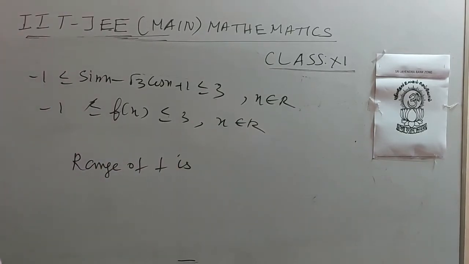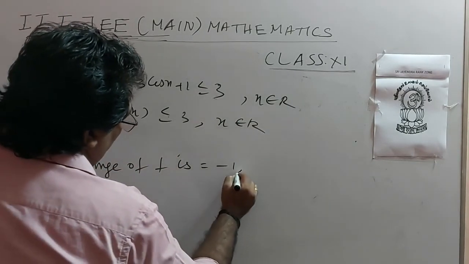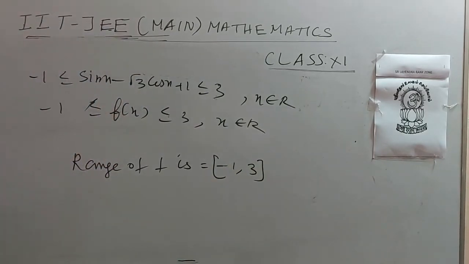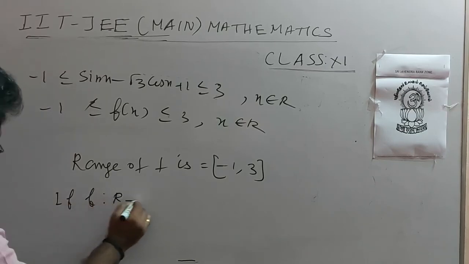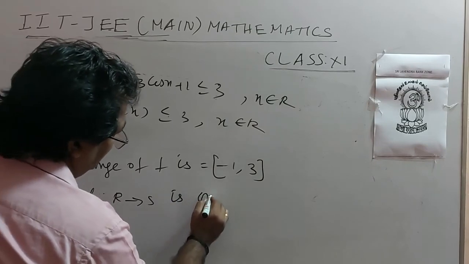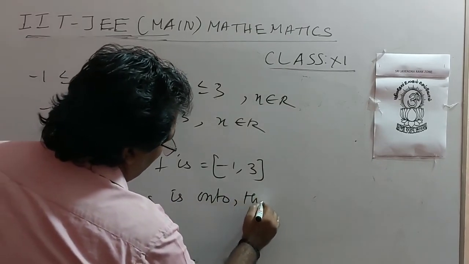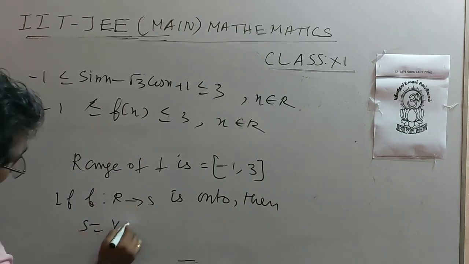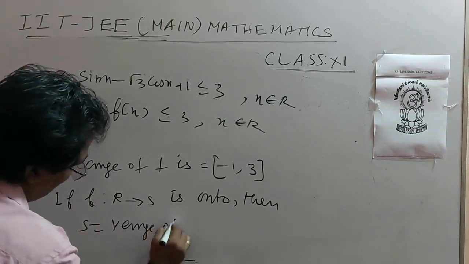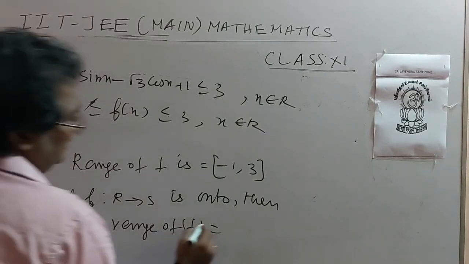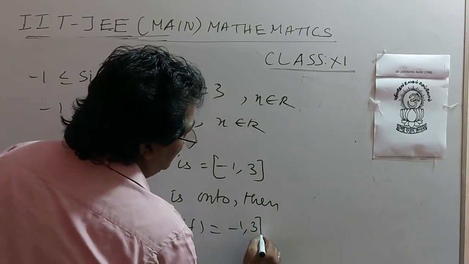Range of f is minus 1 to 3. Therefore, if f from R to S is onto, then S equal to range of f, that is minus 1 to 3.